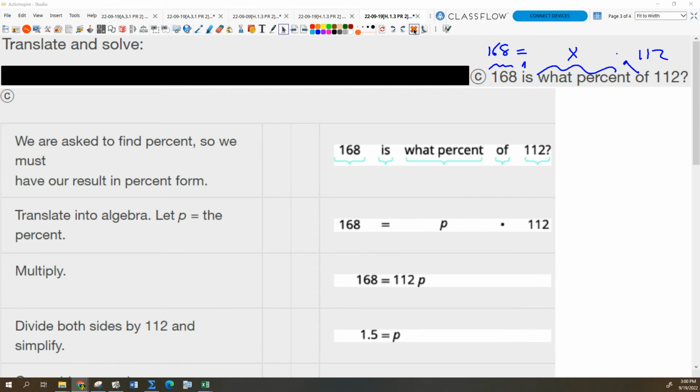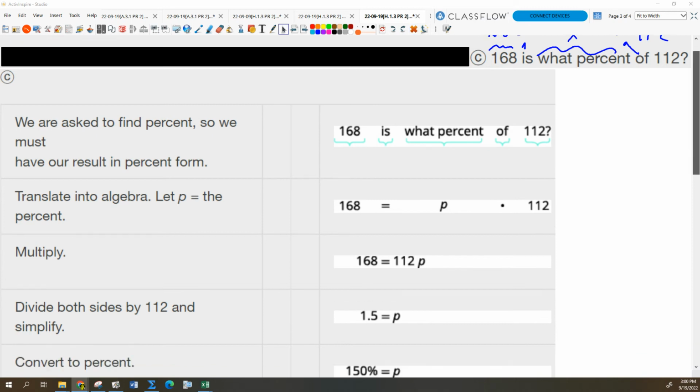What is 1.5 as a percent? 150, because we just have to move that decimal two places to the right to go from decimal back to percent. Isn't 1 100%? So 1.5 would be 150%.